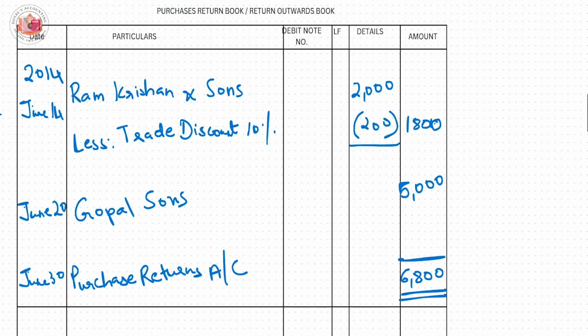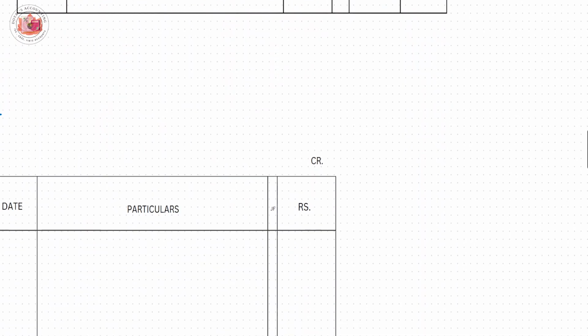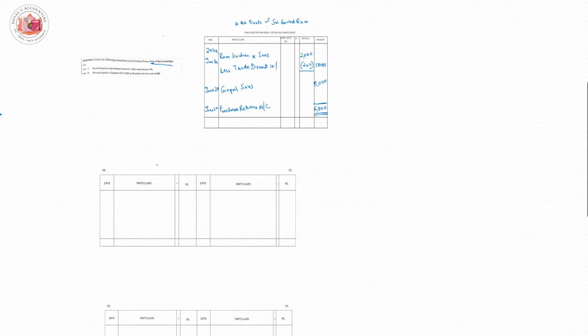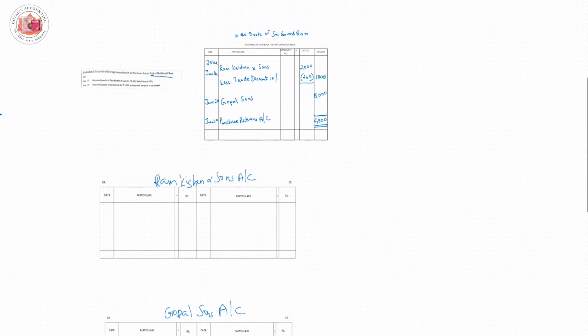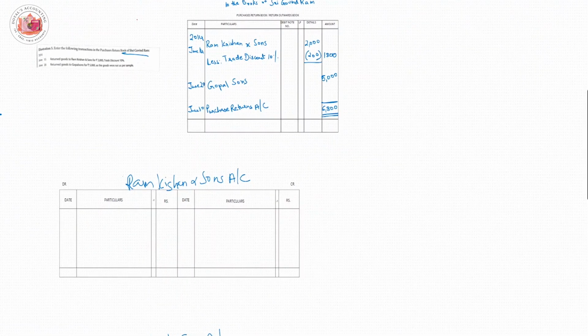Now let's make the corresponding ledgers. My first ledger will be Ram Kishan and Sons account. Then I'll have Gopal Sons account. Then I'll have purchase returns account. In Ram Kishan and Sons, I will write the net amount of 1800.